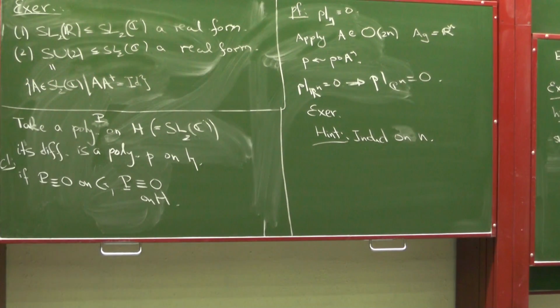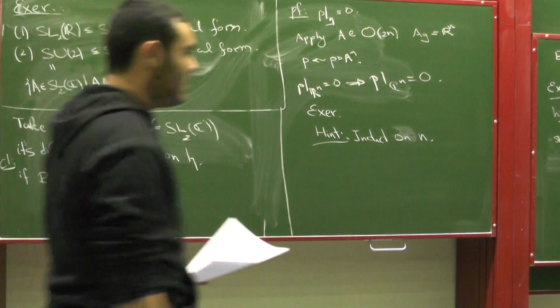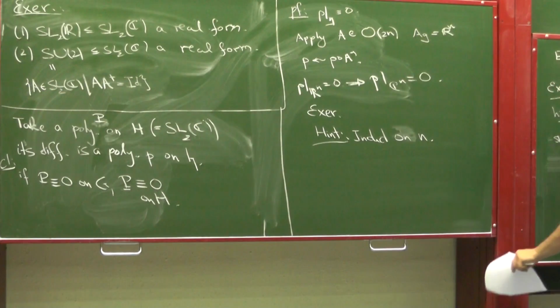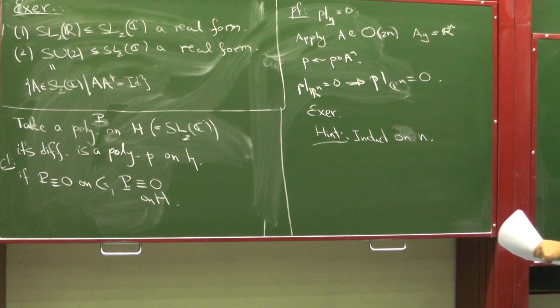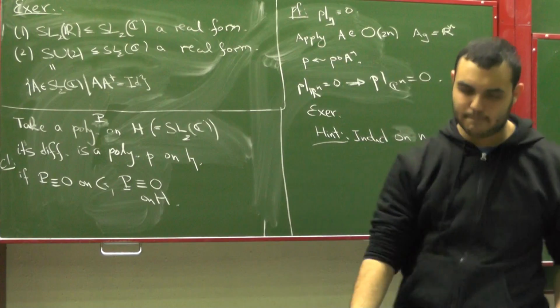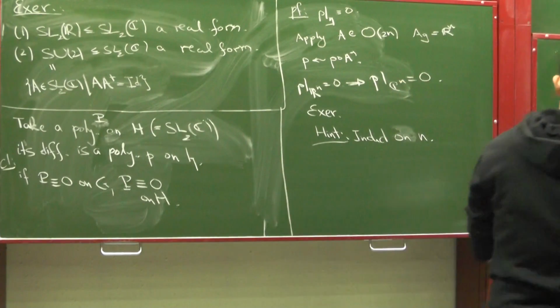Now let me specialize to a very specific form of these polynomials, namely, stuff of the form word plus or minus identity is 0.